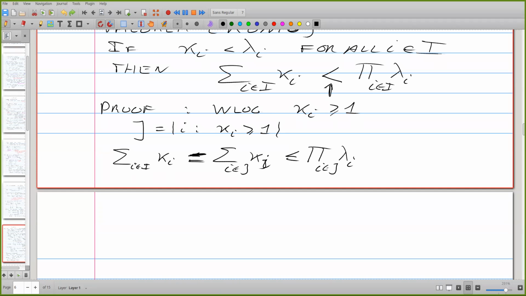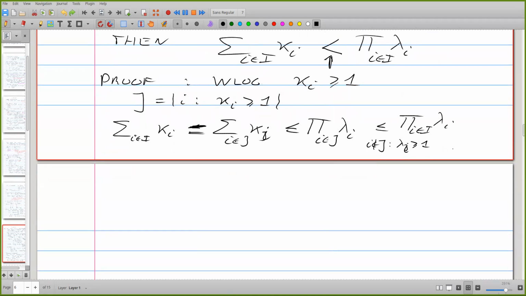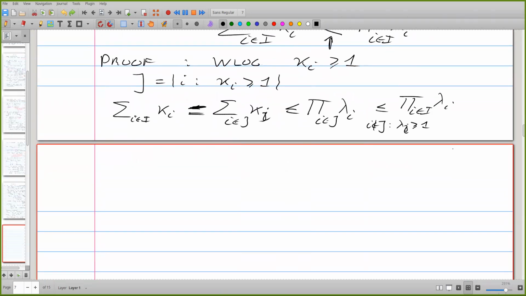And now, whatever you may know, every lambda_i is at least 1. If kappa_i is equal to 0, then lambda_i is bigger than 0, so it's at least 1. So the partial product over J is less than or equal to the full product over I.